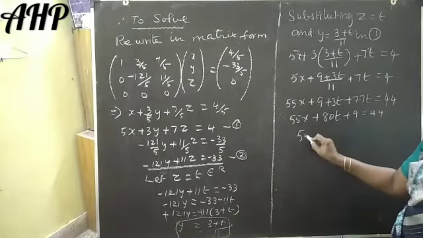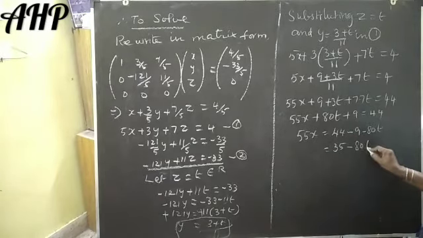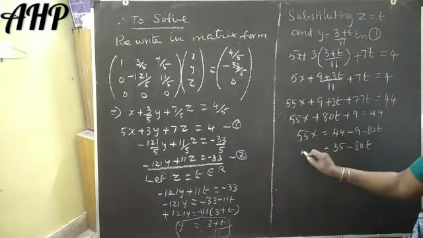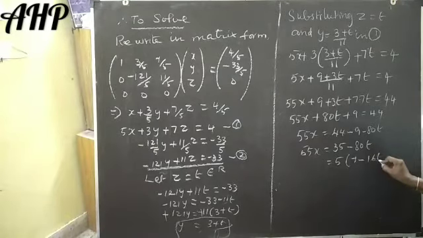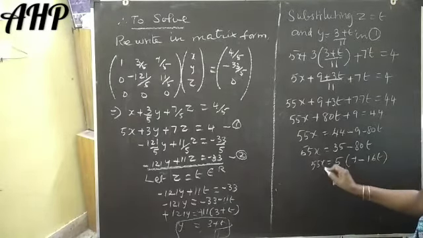So 55x is equal to 44 minus 9 minus 80t. So this is going to be 35 minus 80t. 55x, so this 5 can be taken outside: 7 minus 16t is equal to 55x. Therefore x is equal to 5 into 7 minus 16t divided by 55.